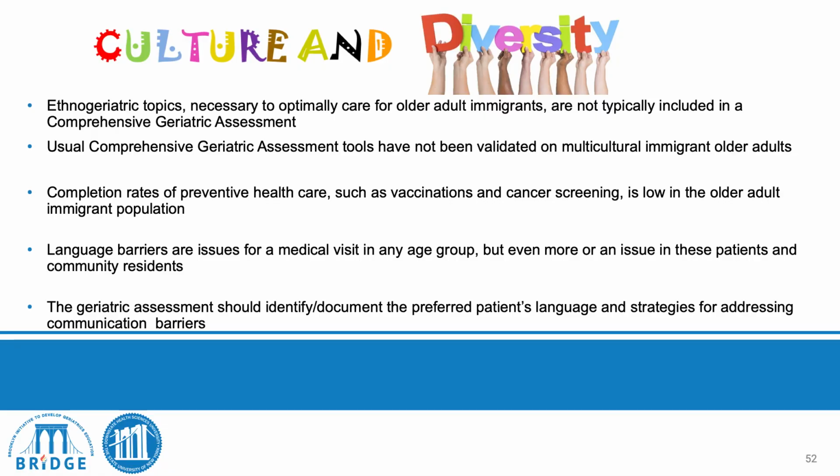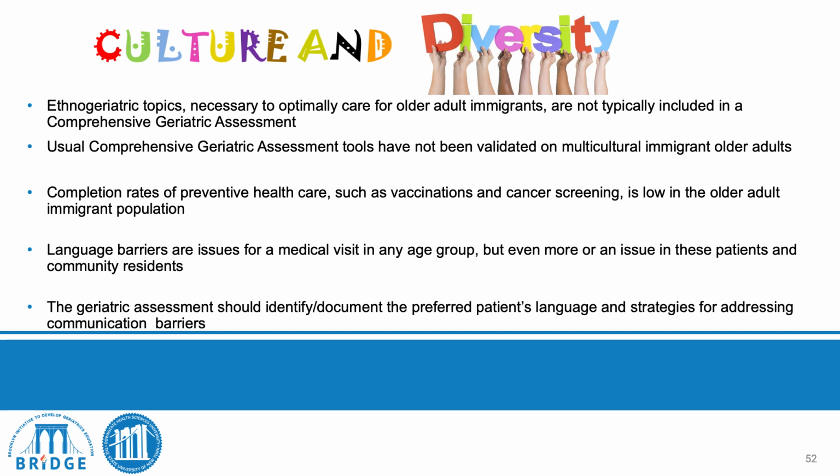Ethno-geriatric topics necessary to optimally care for an older adult immigrant are not typically included in a comprehensive geriatric assessment. So this is the current format of a comprehensive geriatric assessment that we just discussed. Usual comprehensive geriatric assessment tools have not been validated on multicultural immigrant older adults. Completion rates of preventive health care, such as vaccines and cancer screening, are low in the older adult immigrant population.